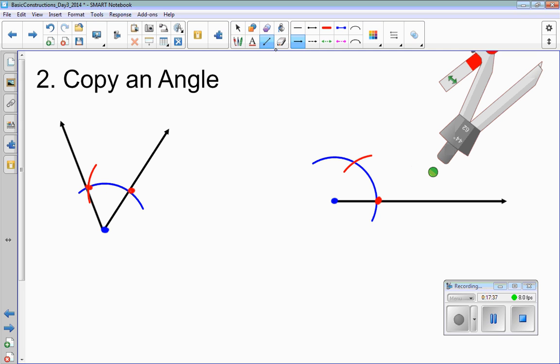At this point, we're simply going to connect from the vertex through the X. And if I were to measure those two angles, they would have the same degree measure. Okay? Should be pretty close. So that's copy an angle.